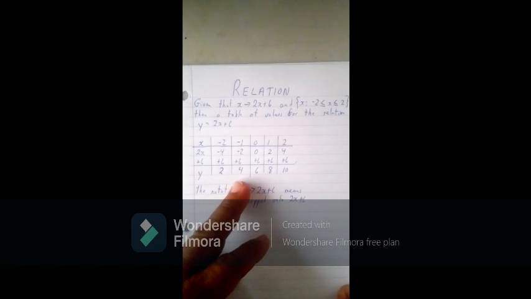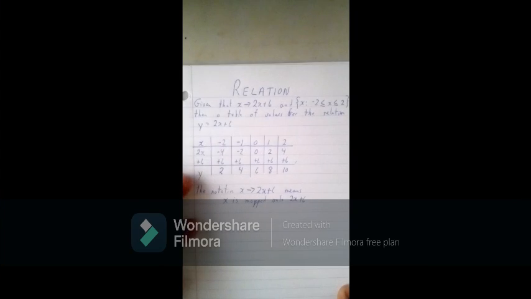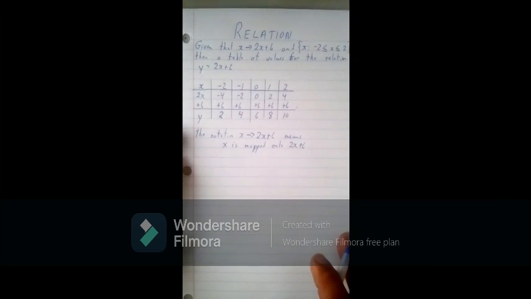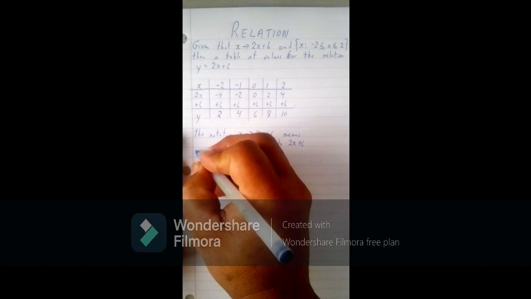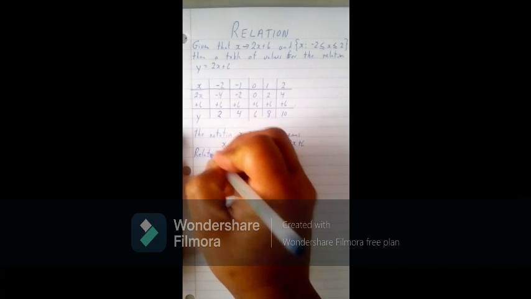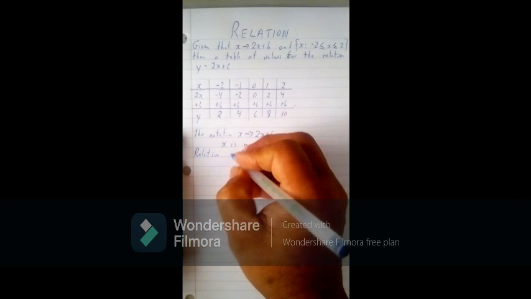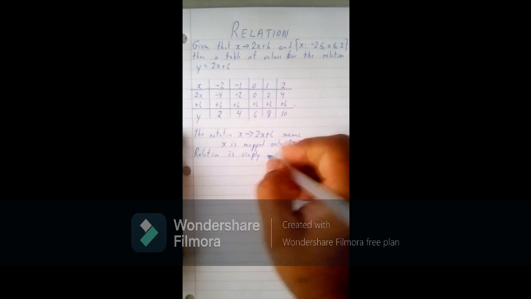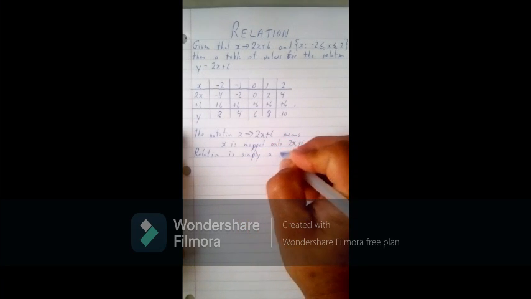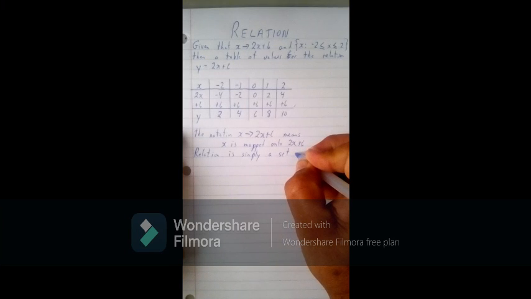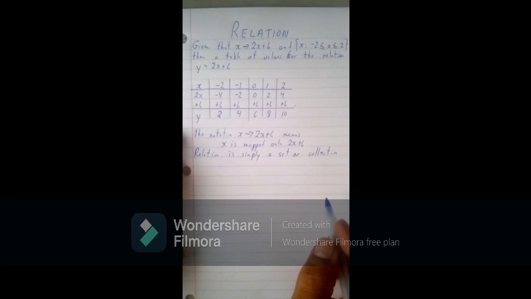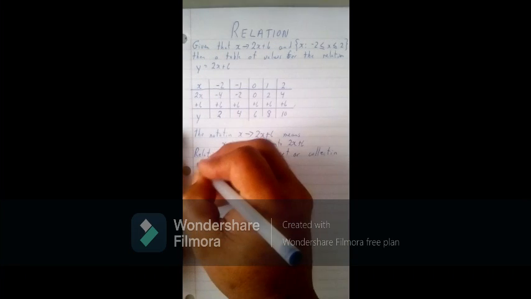Okay, so let me give the definition of a relation so you can review that back also. A relation, based on the example that we used, is simply a set or collection, you can say, a collection of ordered pairs.